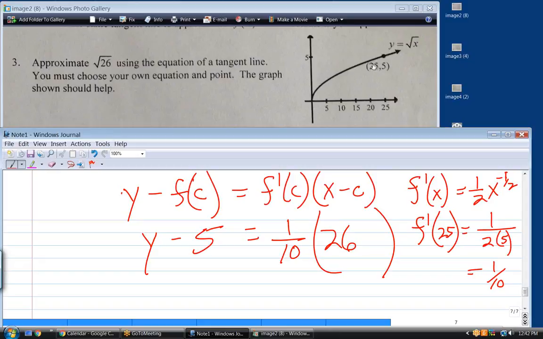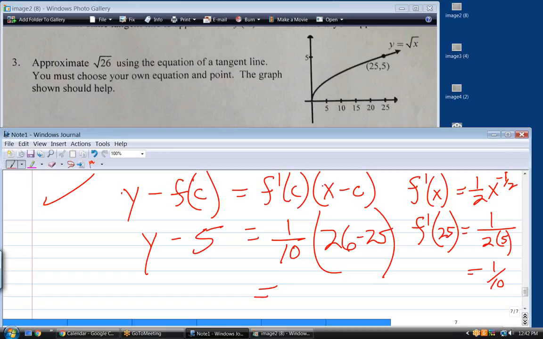We want the square root of a number very close to 25 is 26 minus 25. Okay? So that's why this is such a key thing to remember. If you can start with that general equation, you can figure out everything else as long as you understand that c is the x-coordinate of the point you start with.